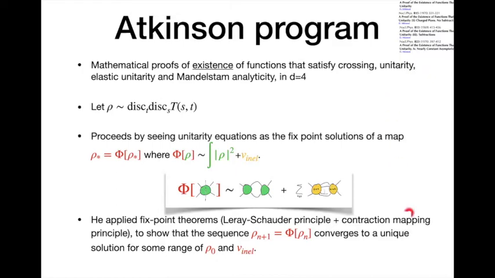And to explain how we proceeded in 2 slides, we're going to be looking at the double disc of the amplitude. Again, rho is the disc in S and T of the amplitude. The way he proceeded was by seeing the unitarity equations as the fixed point of the map given here. Rho star equals phi of rho star, where phi of rho is just the right-hand side of the unitarity equations.